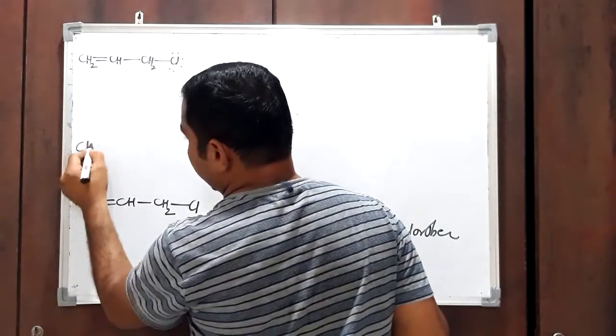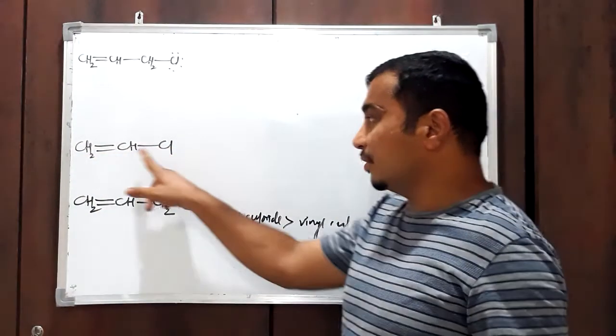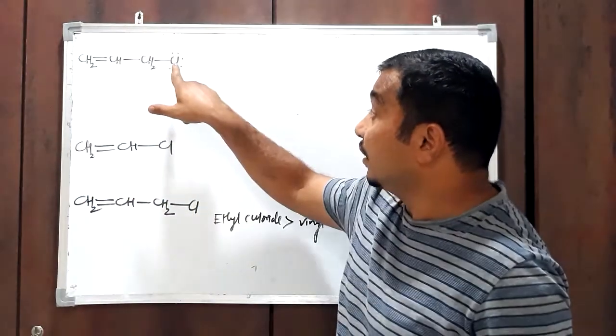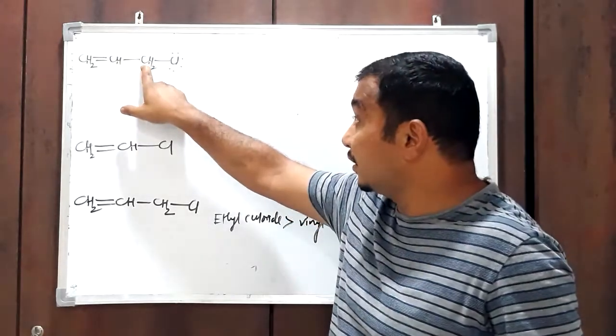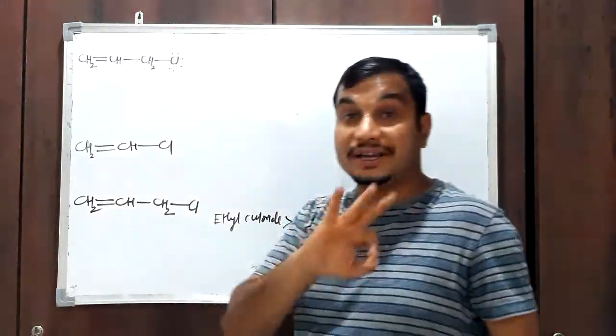Vinyl chloride is CH2=CHCl. Here the chlorine atom is attached to an sp2 hybridized carbon atom, but in allyl chloride the chlorine atom is attached to an sp3 hybridized carbon atom. The carbon atom to which the chlorine is attached is sp3, not sp2.